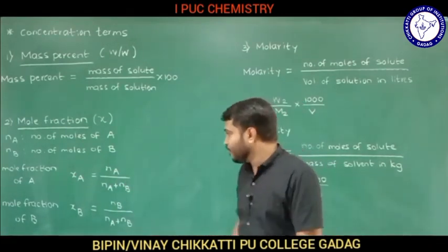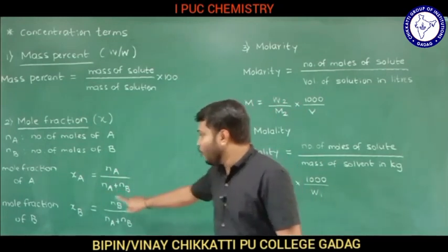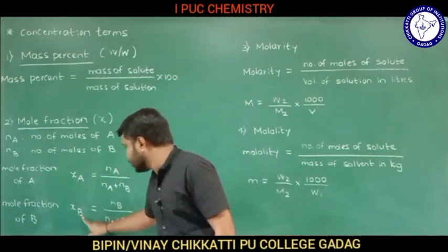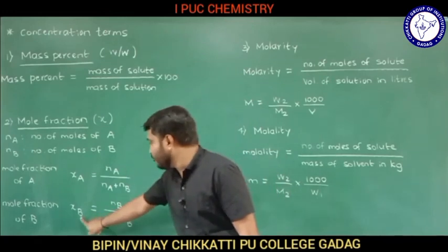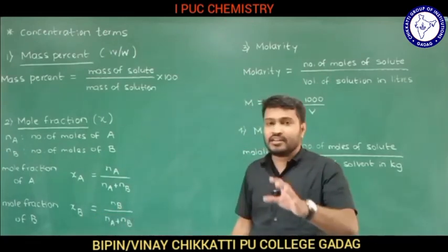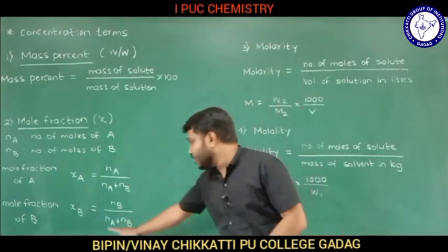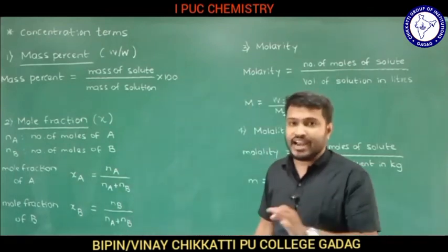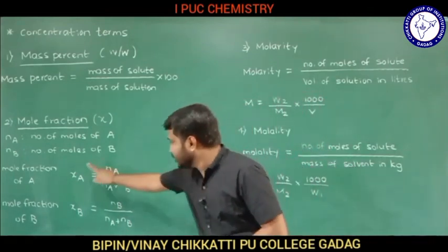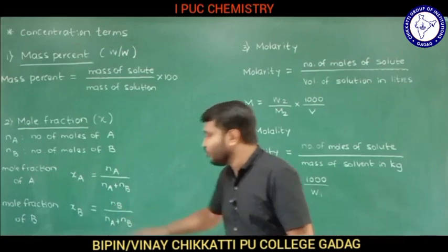A and B are the components, therefore Na plus Nb. What about the mole fraction of B? Xb equals the number of moles of B in the numerator, divided by the total number of moles of A and B. This is the mole fraction of A and this is the mole fraction of B.